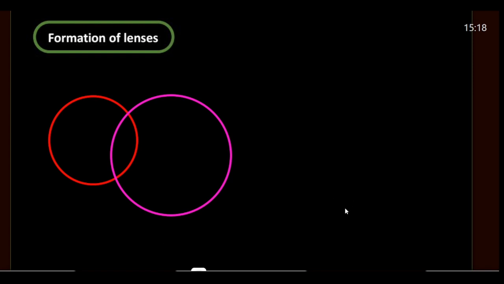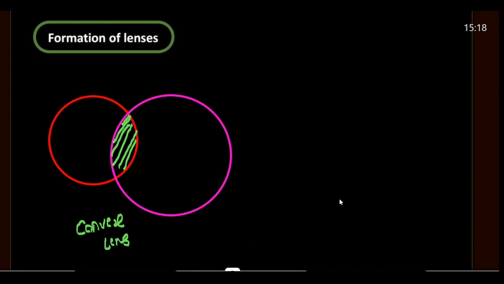These two are transparent spheres, right? Now, when these two intersect, if you observe it clearly, the middle shape is nothing but a convex lens.